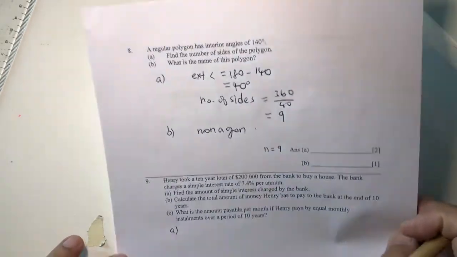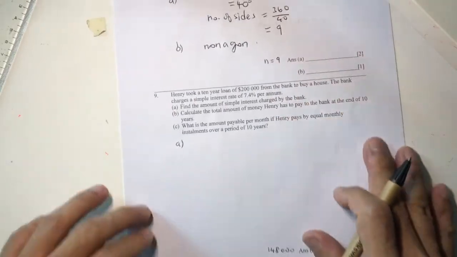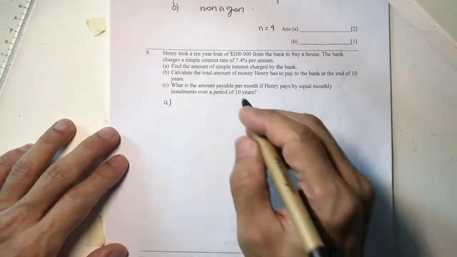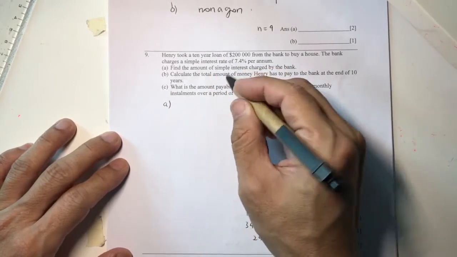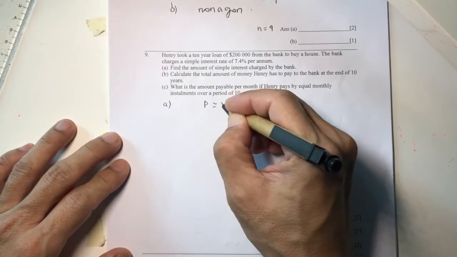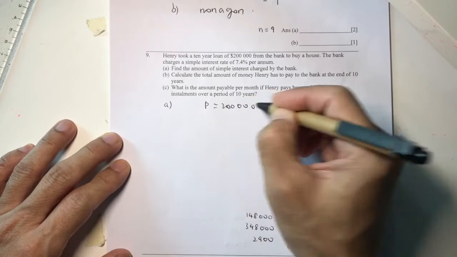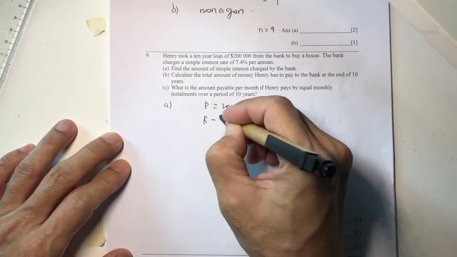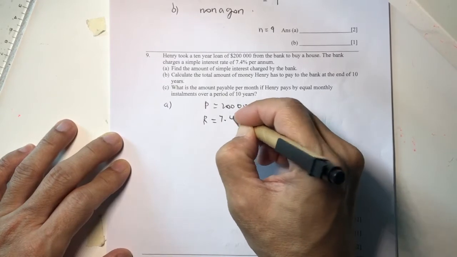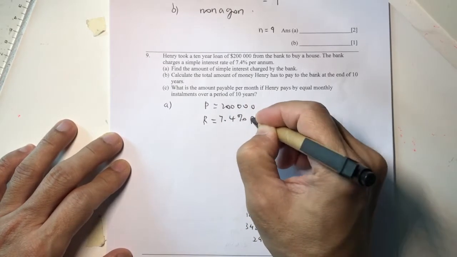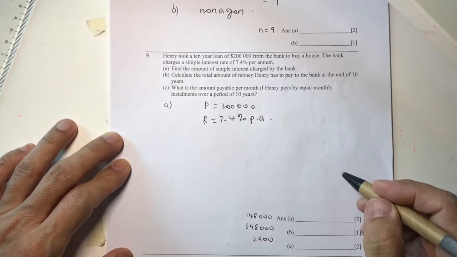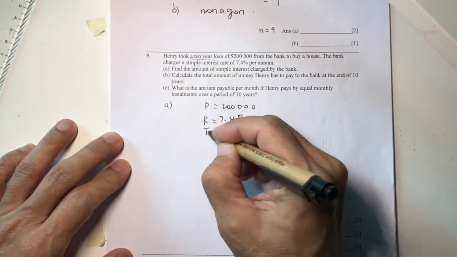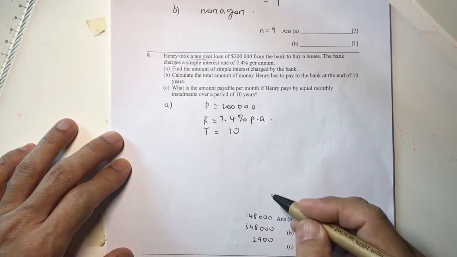The next sum is on interest rate. And we have, for the first part, the principal is 200,000, and the rate is 7.4% per annum. He took a 10-year loan, so the time is 10.